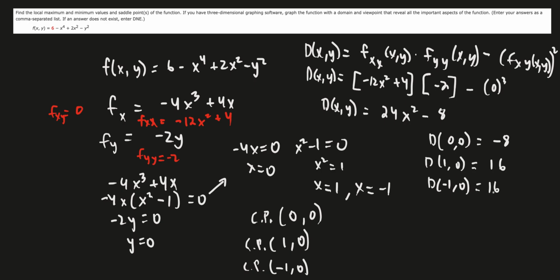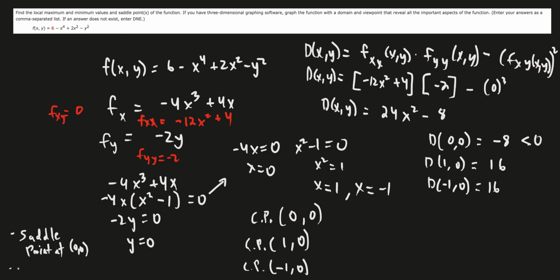And then this is also 16 because negative 1 squared is positive 1. Now, since this is less than 0, we can immediately say that this is a saddle point. So we have a saddle point at 0, 0.